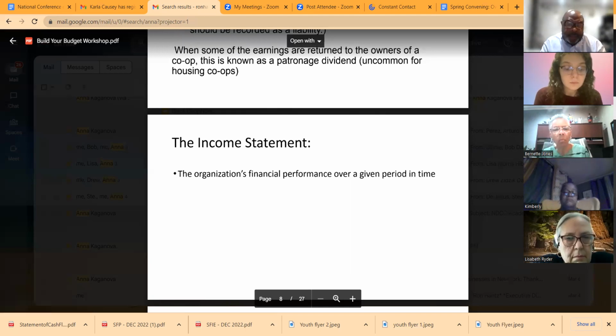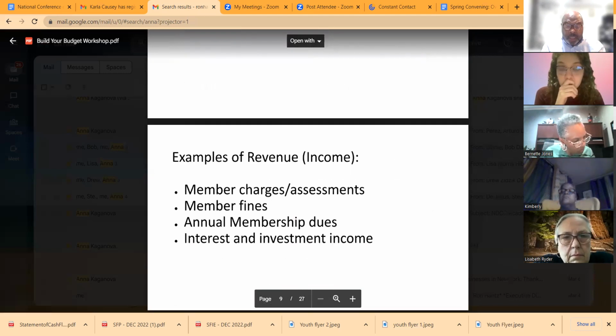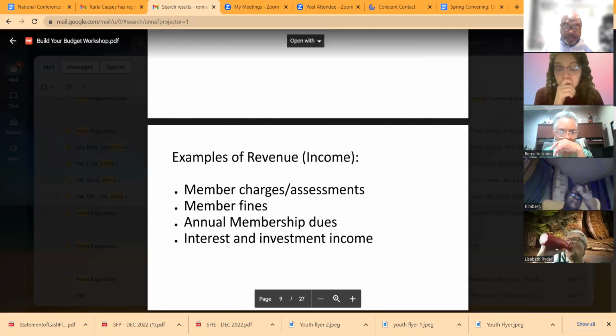The income statement is the organization's financial performance over a given period of time. Examples of revenue income: member charges, assessments, member fees, annual member dues, interest, and investment income. All those are examples of revenue income.